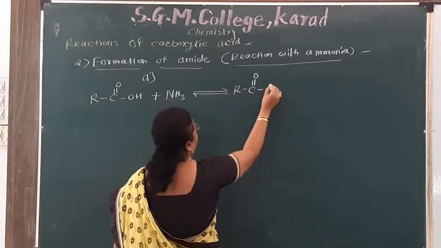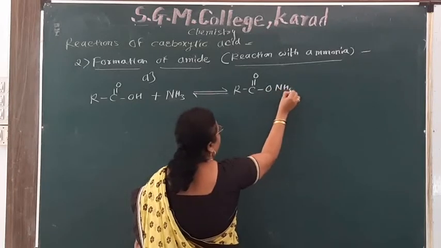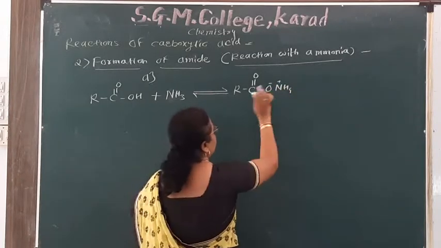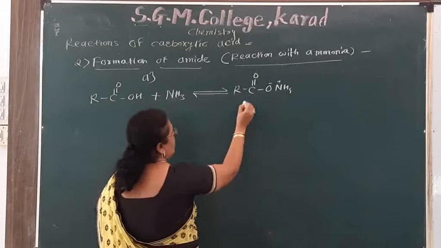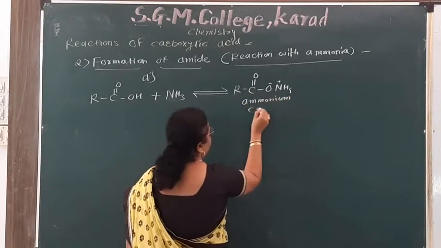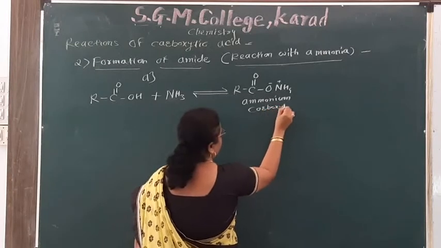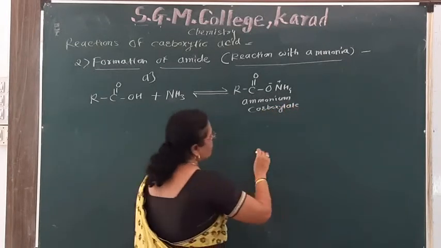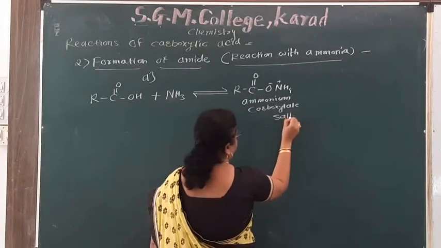We get here RC double bond O, this NH, then this H gives NH4, means RCOO NH4, plus the positive charge here and negative charge here. This is called ammonium carboxylate salt.